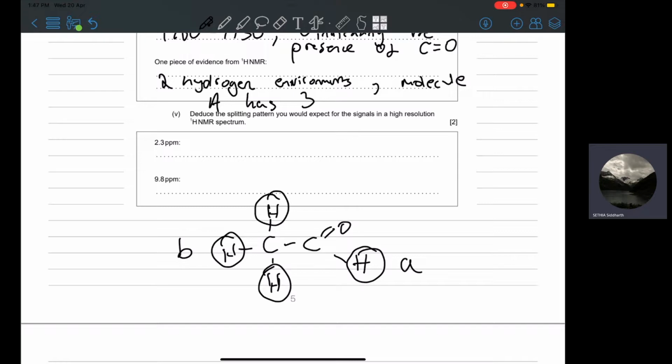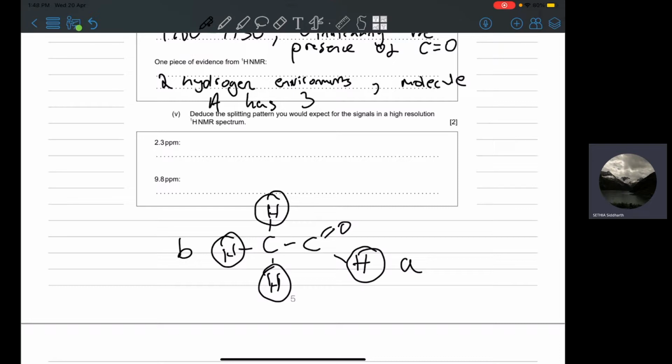Now, how do you determine if a hydrogen environment is a neighbor to another hydrogen environment? Well, it's actually quite simple. Take a look at this. Pick any hydrogen from the first environment. If I have environment B, I'll pick this hydrogen over here, and then count the number of bonds between it and a hydrogen in the other environment.